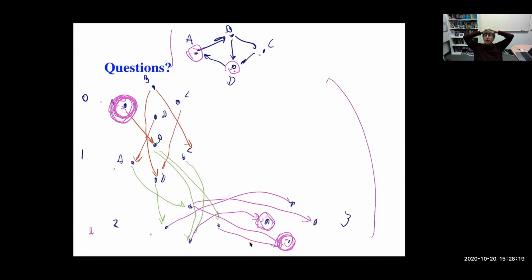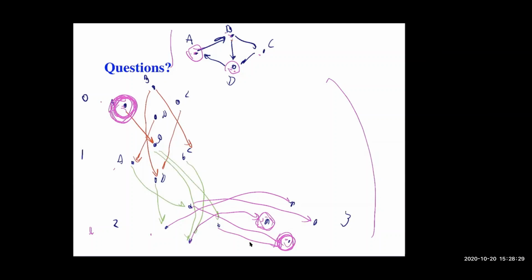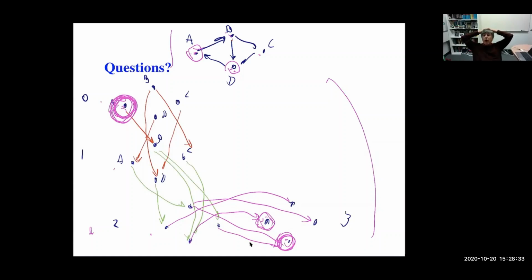How many people see that? If you've seen this transformation I've done, does everybody see that I built a new graph? And now I can use Dijkstra on my new graph to solve my old problem. Any questions about that? How many people see that, don't see it?